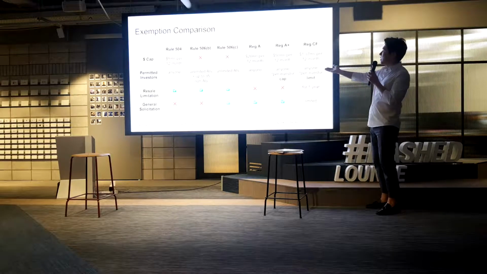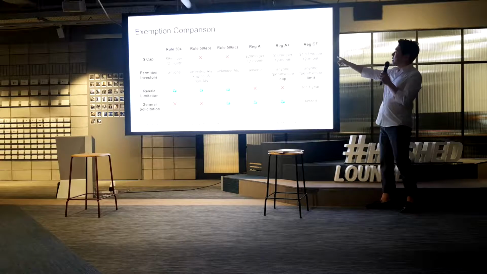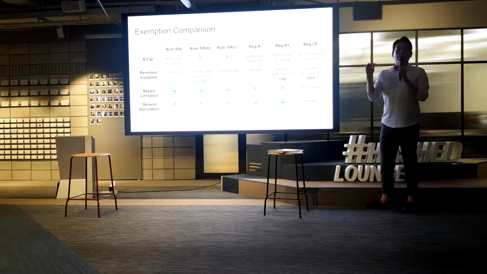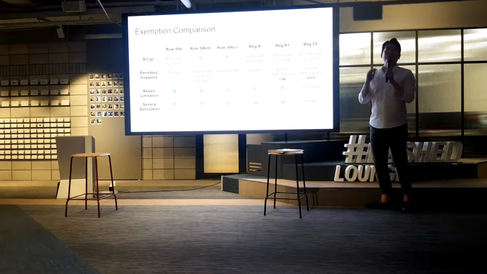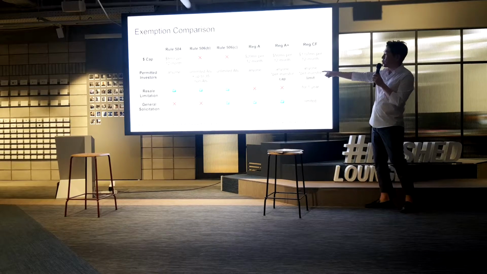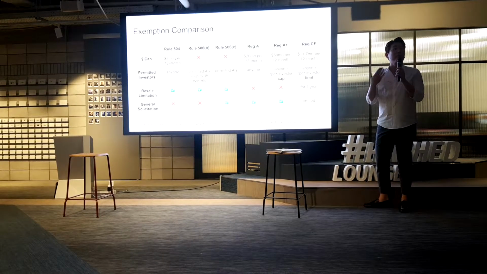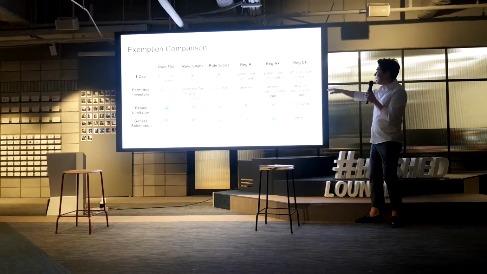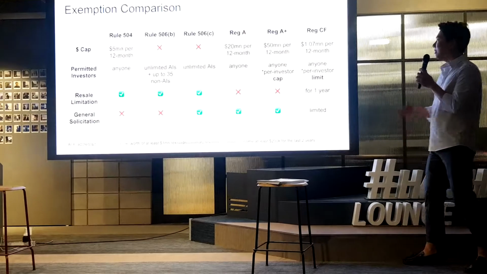However, as you can see, Regulation A and Regulation A+. Regulation A is up to 20 million for 1 year, and Regulation A+ is up to 50 million in 1 year. But that is not just open to accredited investors, but to the general public, so for everyone. There is a per investor cap that I will tell you more about later on.